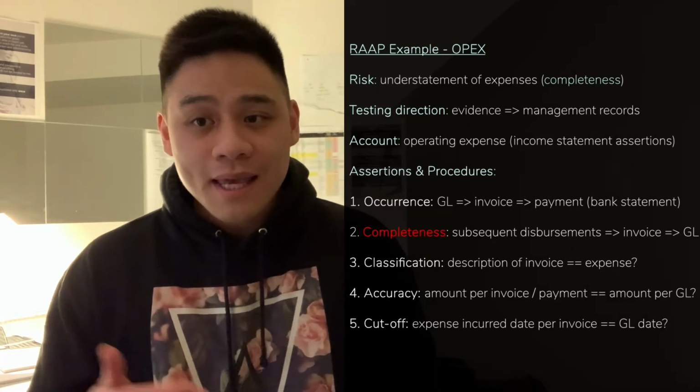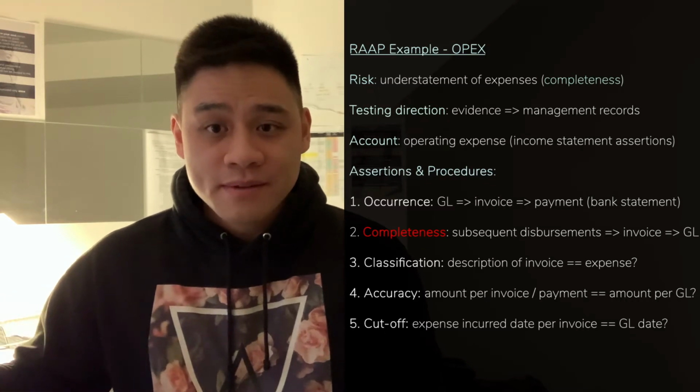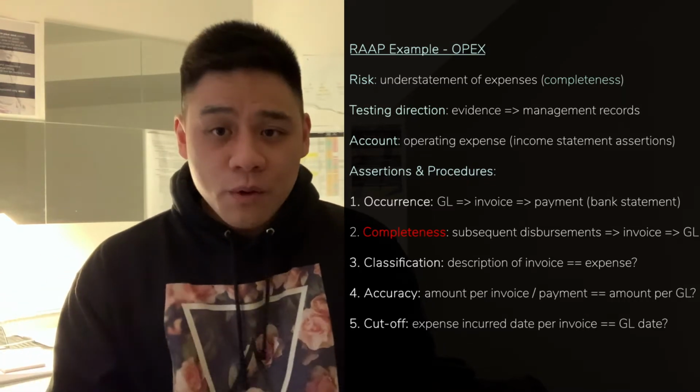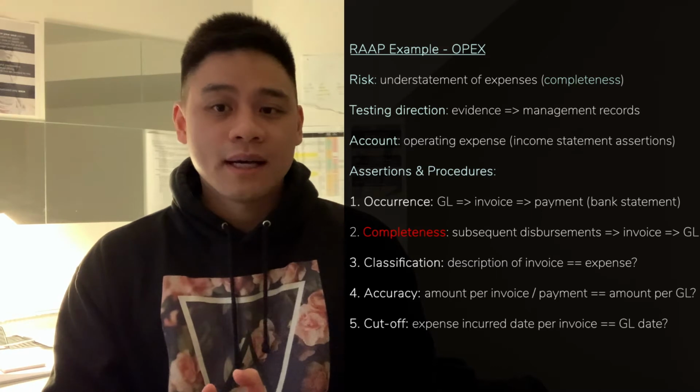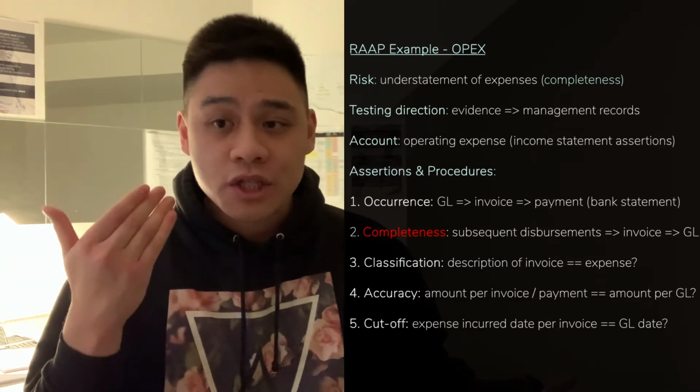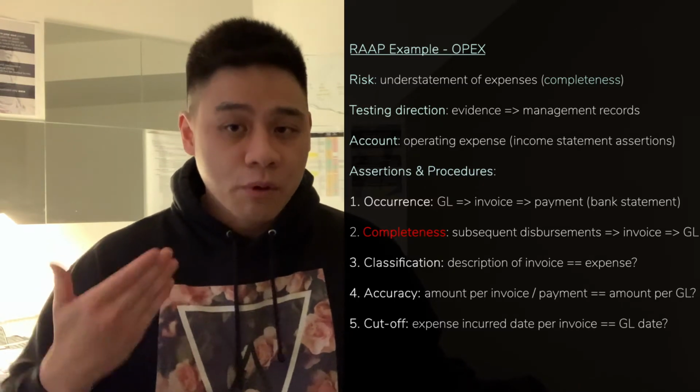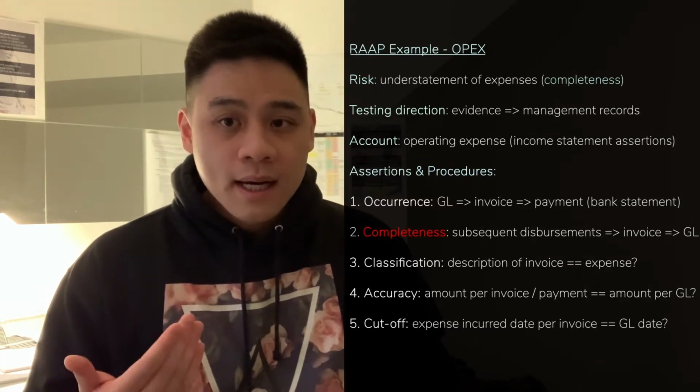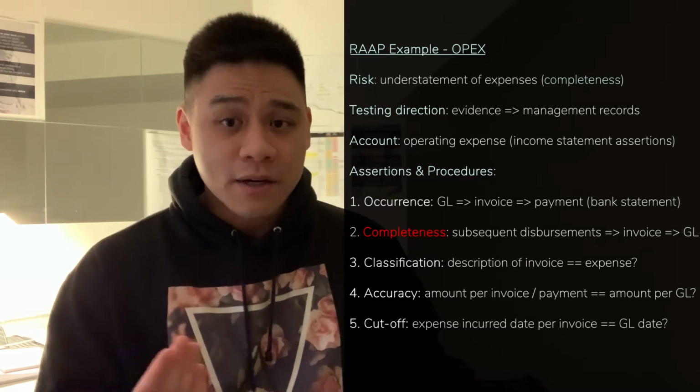So here, we would trace the disbursements from the bank to the invoice, and then from the invoice to the purchase order, and purchase order to management records, aka the GL, to assess if the amount was appropriately recorded, if it pertained to that year.